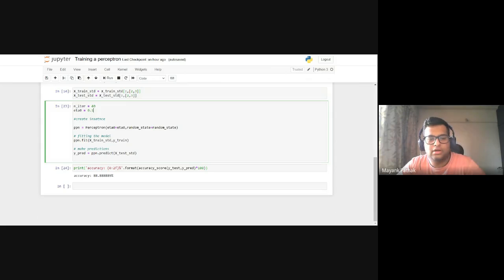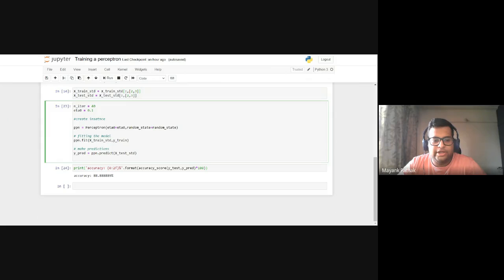We have imported that perceptron model and created an object of it. So ppn is the object, and we have given the eta and the random state, and fitted the model with ppn.fit xtrain and ytrain.